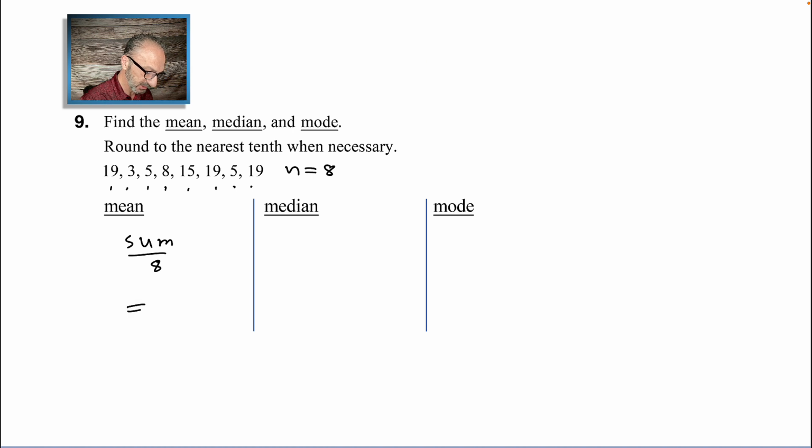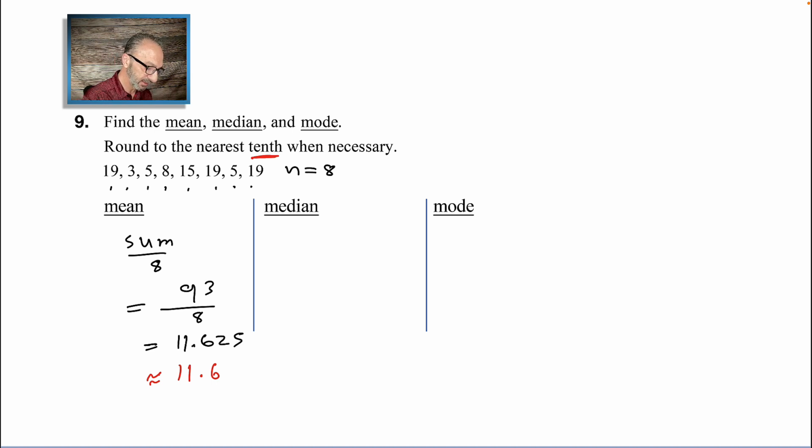And when you add 19 plus 3 plus 5 plus 8 all the way to 19, I have 93. 93 divided by 8 is 11.625. But since we need to round to the nearest tenth, we need to make it only 11.6. That's called tenth. After 6 is called hundredths, and so on. So that should do it for the mean.